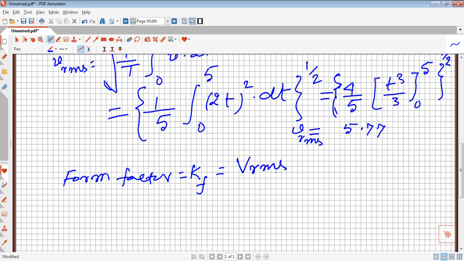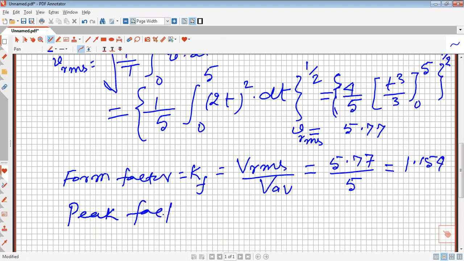Vrms divided by V average. And Vrms is how much? 5.77 calculated. And what is the average value? The average value is 5. So we will get its value 1.154.